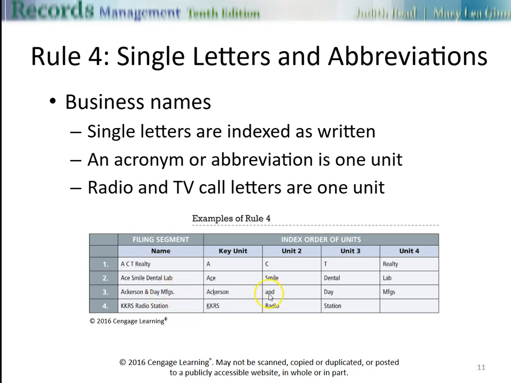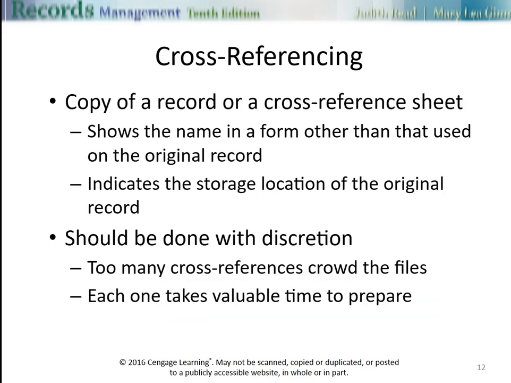We've spelled out the symbol and then notice that we do not spell out manufacturers. We just leave it as MFGS. And going back to our previous rule about punctuation and possessives, we disregard the period. So we do not include that at the end of the unit.